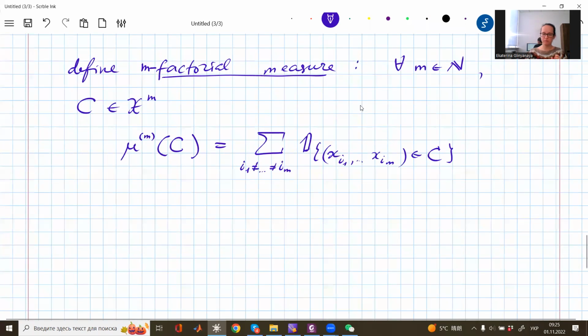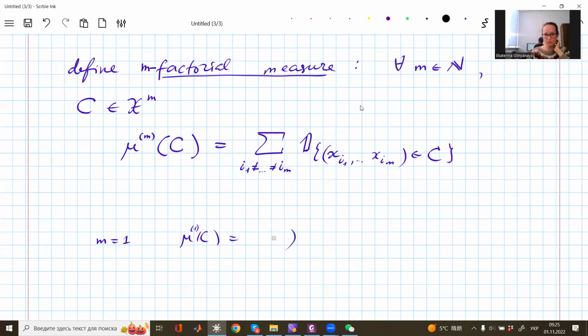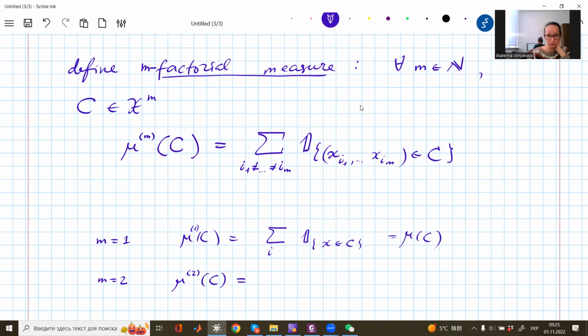Let us consider small example. So when m is equal to 1, we have just mu of C equal to usual mu of C, because this is, okay, let's write, sum of indicator of z points that belongs to C. This is mu of C. Now when m is equal to 2, we already considered this.